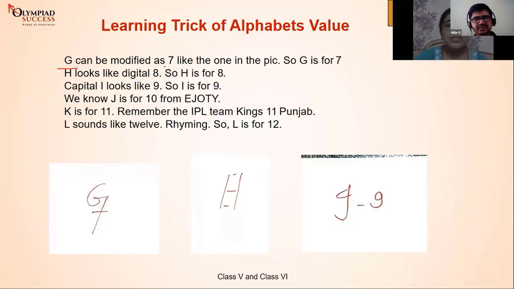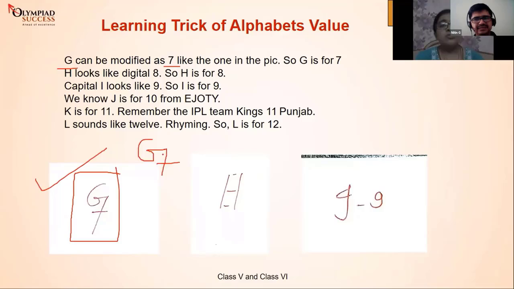But do you know how I remember G as 7? I remember G as 7 with the help of this. This is how I can write G with 7. So if I associate G with a 7, then I can remember that the place value of G will be 7.